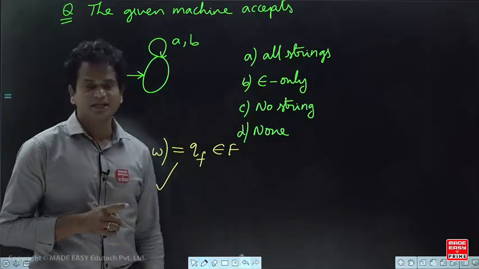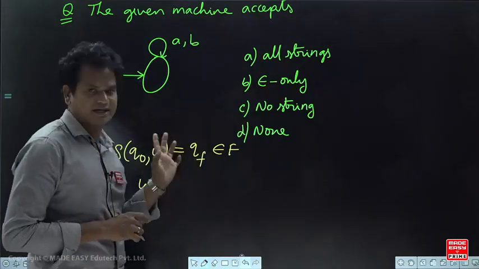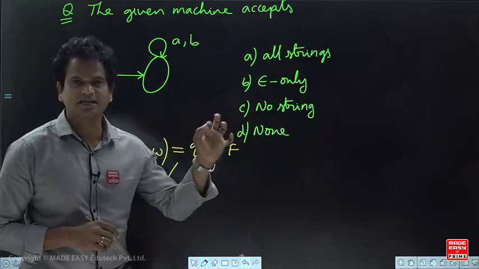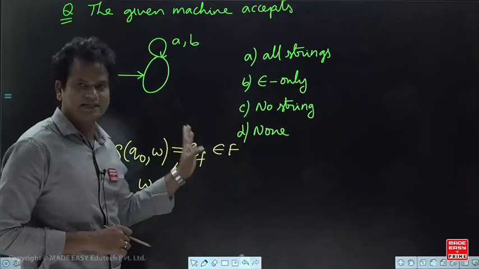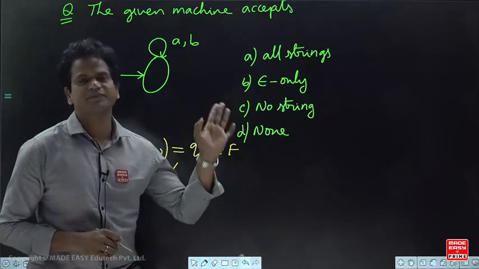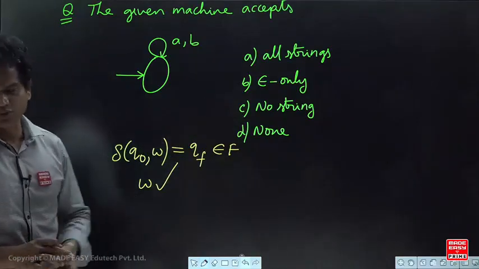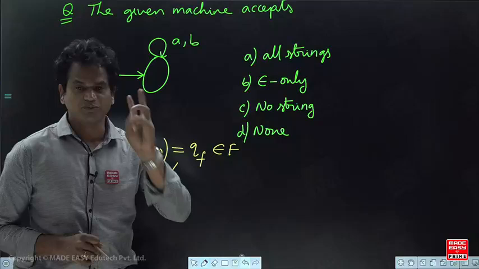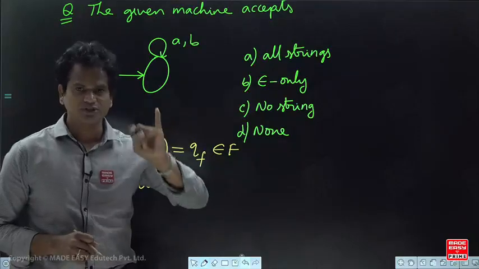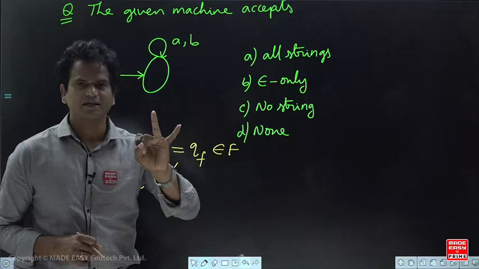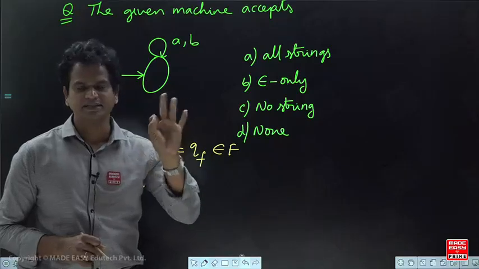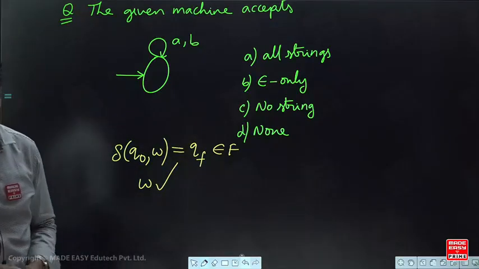And one more condition: even though it stopped in a final state, if the string is not scanned completely, the string is not accepted. So total three conditions: it has to start from the initial state, it must reach the final state, and the string must be scanned completely. These three conditions must be satisfied.